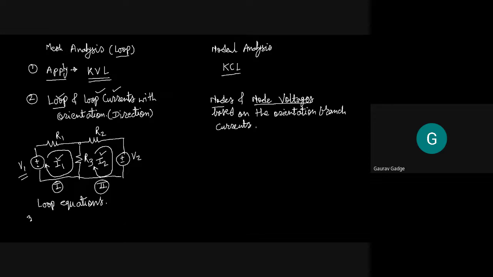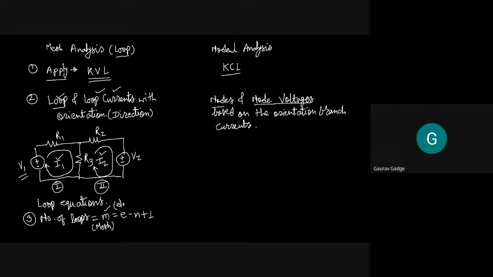Now, can you tell me the formula to find the number of loops? If anyone remembers, can tell me the number of loops, number of meshes. M equals E minus N plus 1. What does M indicate? Mesh.